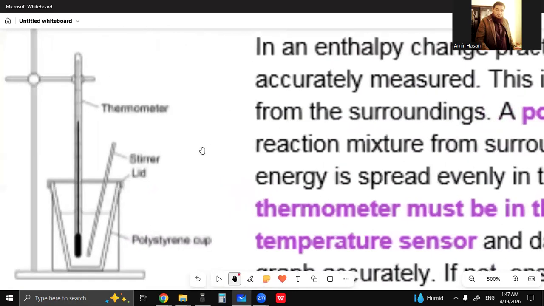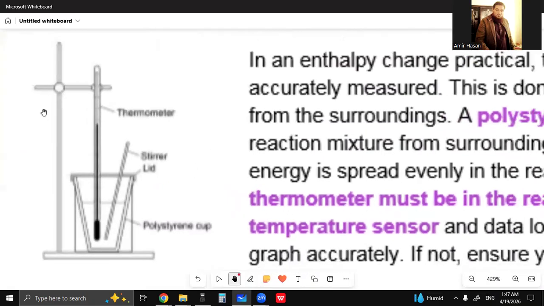Okay. Now, for this temperature measurement, we use apparatus like this structure. We use a stand and we fix a thermometer in this stand. The thermometer we put in the container.